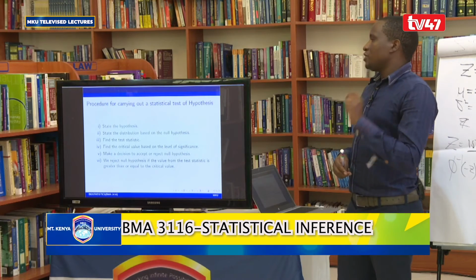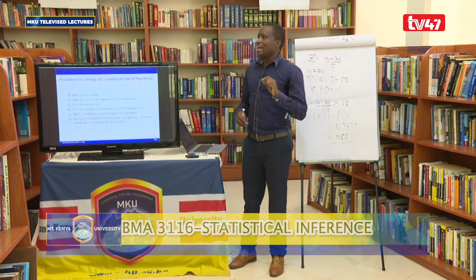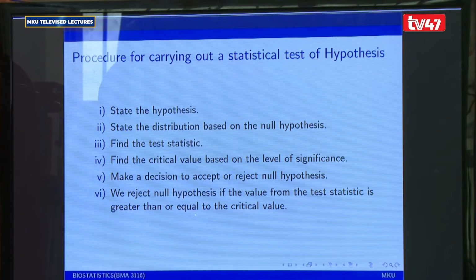Number 2, you state the distribution based on the null hypothesis. Now, the distribution of the null hypothesis will clearly be defined by the type of statistical conclusion you aimed at. Are you looking at equivalence of mean, difference in mean, and so on? Then you calculate the test statistic.